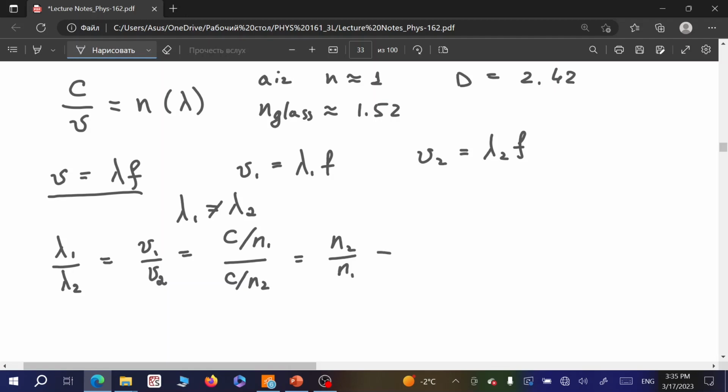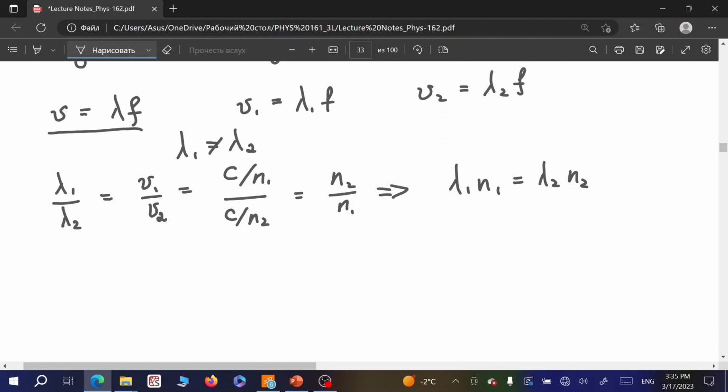So we can write from here that lambda 1 times n1 is equal to lambda 2 times n2. So this product of wavelength and refractive index actually doesn't change. But if we consider only wavelength, then wavelength changes. So actually it gets shorter when it goes from air to glass, for instance, because n is larger than unity.